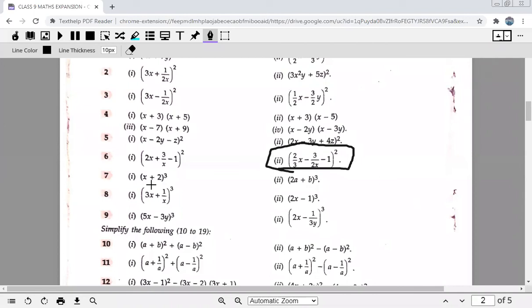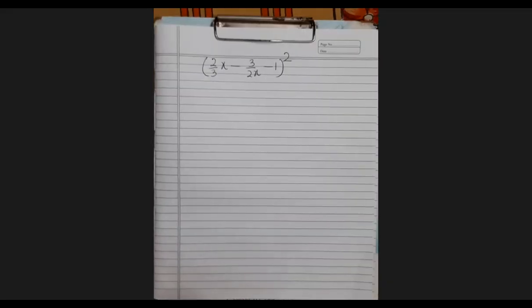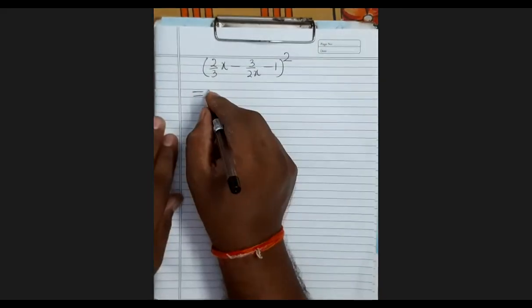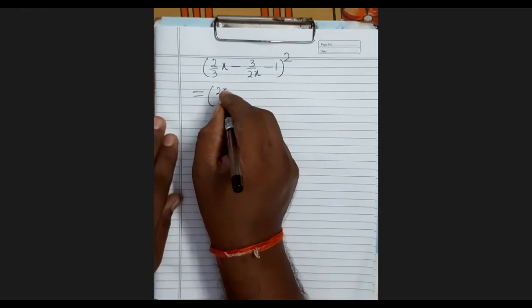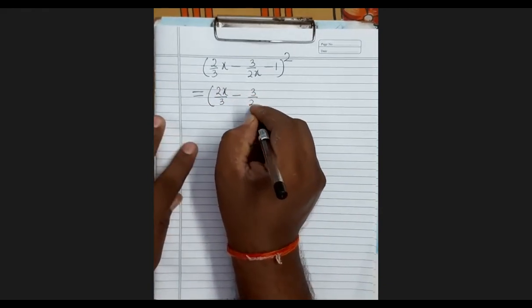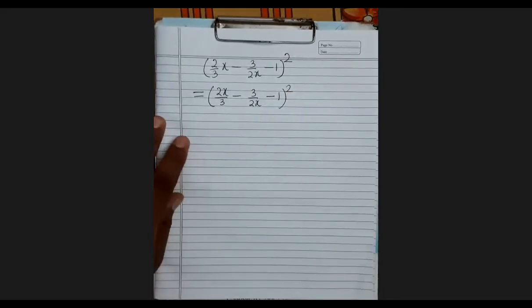So a minus b minus c, a minus b whole square. So all of you see here. Here we can write 2 by 3 of x as 2x upon 3 minus 3 upon 2x minus 1 का whole square.